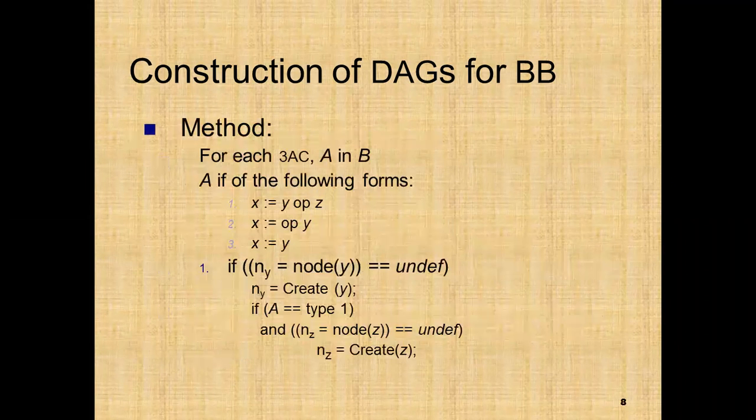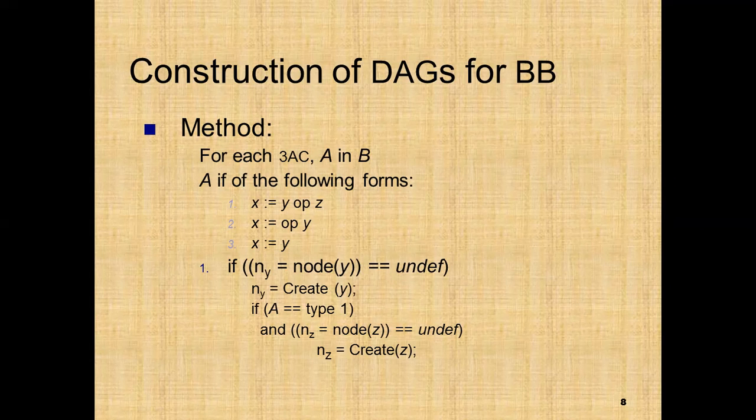Now in the next slide, this is the basic algorithm which we will use to draw the directed acyclic graph. There are a number of cases, and this is the basic method. So go through this. Here we are going to divide our algorithm as type 1, type 2 and type 3, and we will proceed with the help of this method.